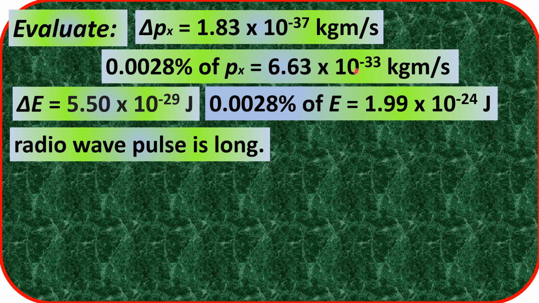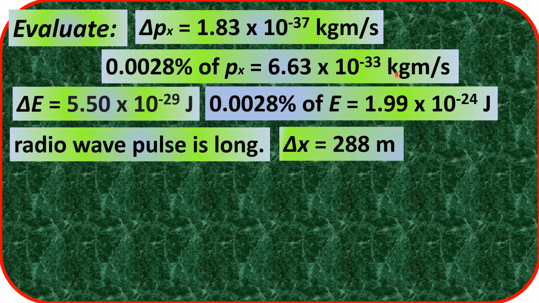The reason for this is that the radio wave pulse, all right, is relatively long with its position uncertainty delta x equal to 288 meters. All right.